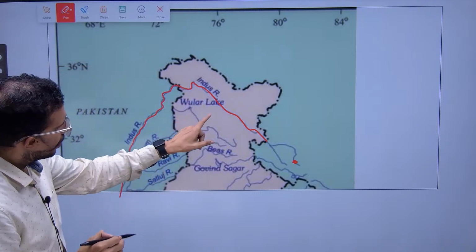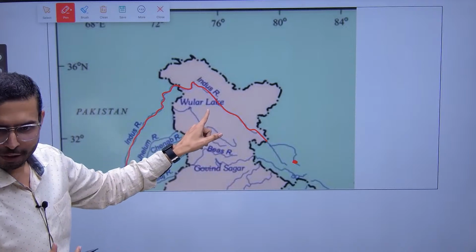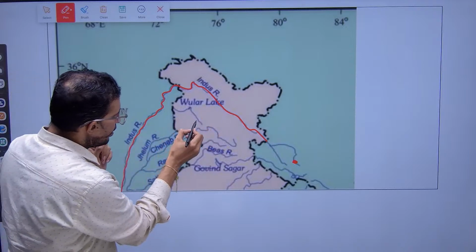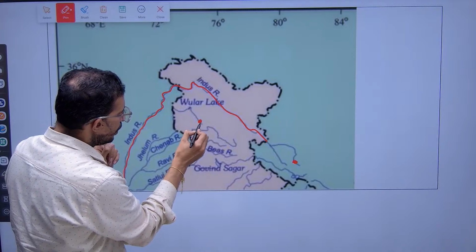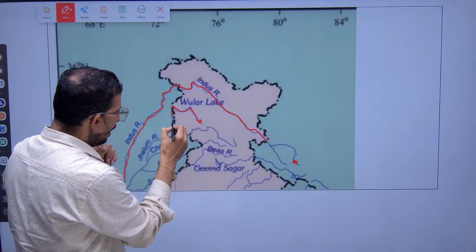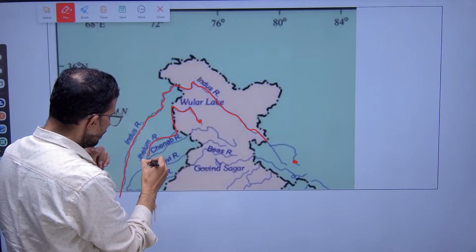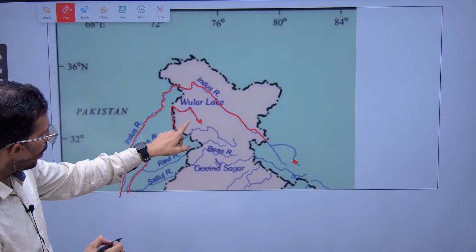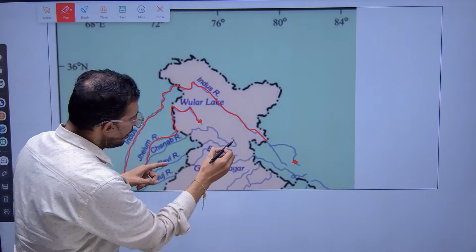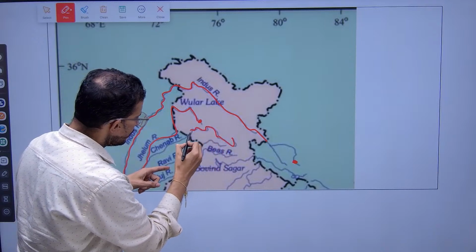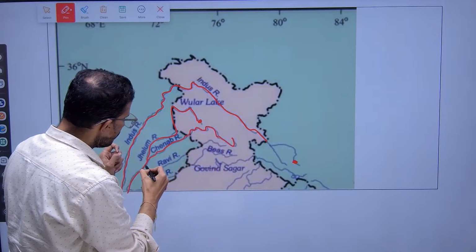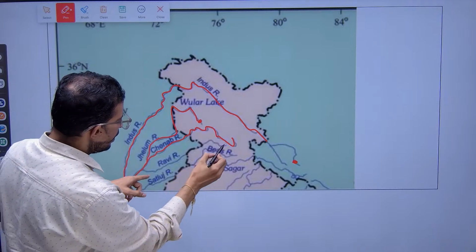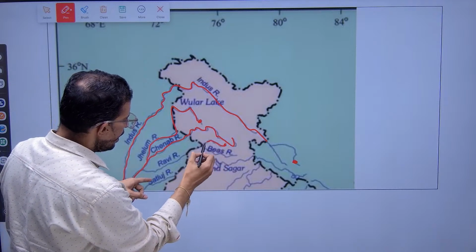Yes? Did you see? Yes. This one is the Jhelum. I am drawing the origin and this one, Jhelum. Then this one is the Chenab. This one is the Ravi.